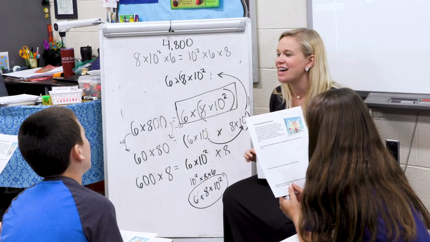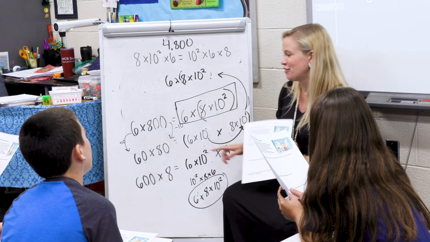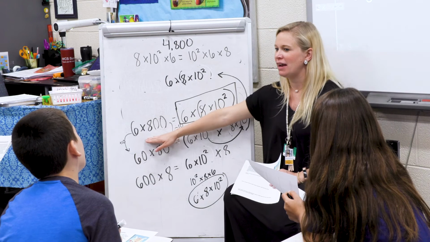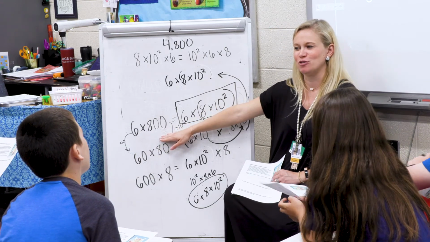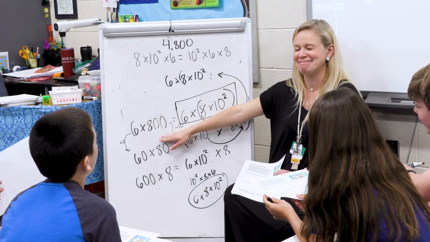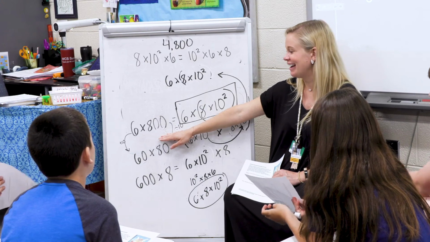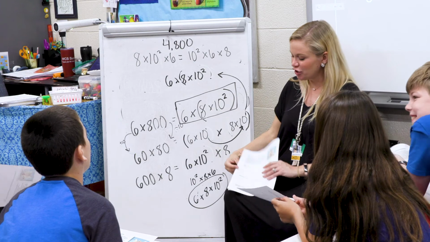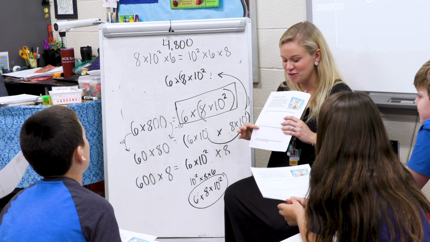Then you're going to decide which one's the most realistic. For example, if we're looking at this one, is a 6-foot by 800-foot cheetah enclosure going to be the most realistic? No. Probably not. It would have a lot of room to run, but it would be very, very narrow. So you're going to think about which one's the most realistic, just like you did.